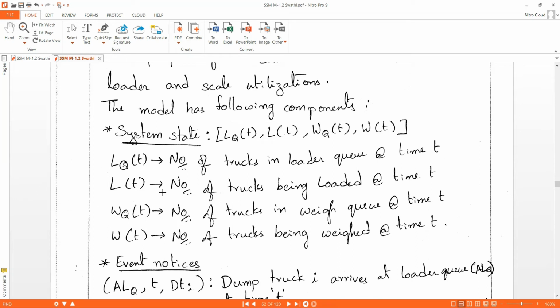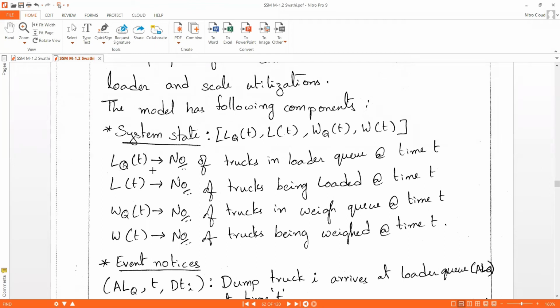L(t) is the number of trucks being loaded at time t. WQ(t) is the number of trucks in the weighing queue at time t. W(t) is the number of trucks being weighed at time t.